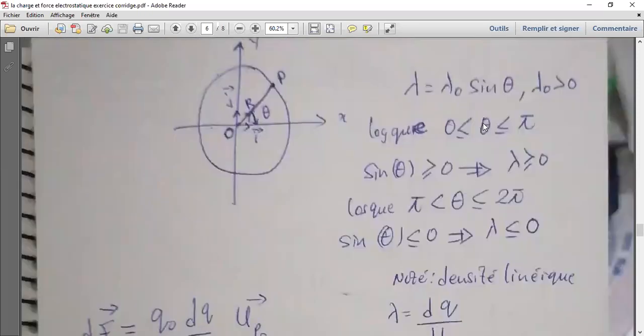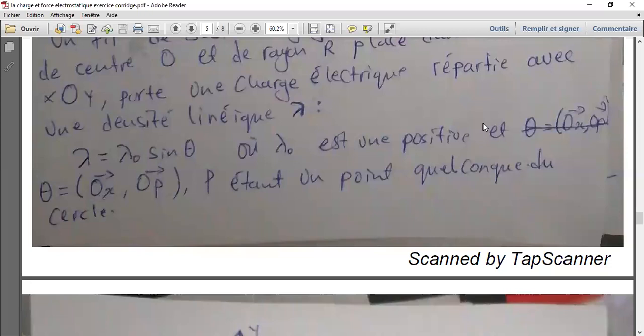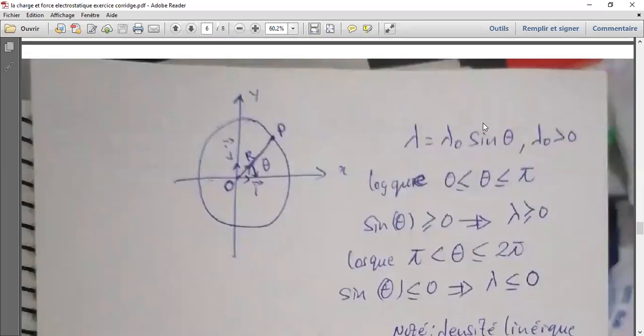Now, how do you find the force? The question was, find the force which is created on point O. So how do you find the force created on point O by this charge P?